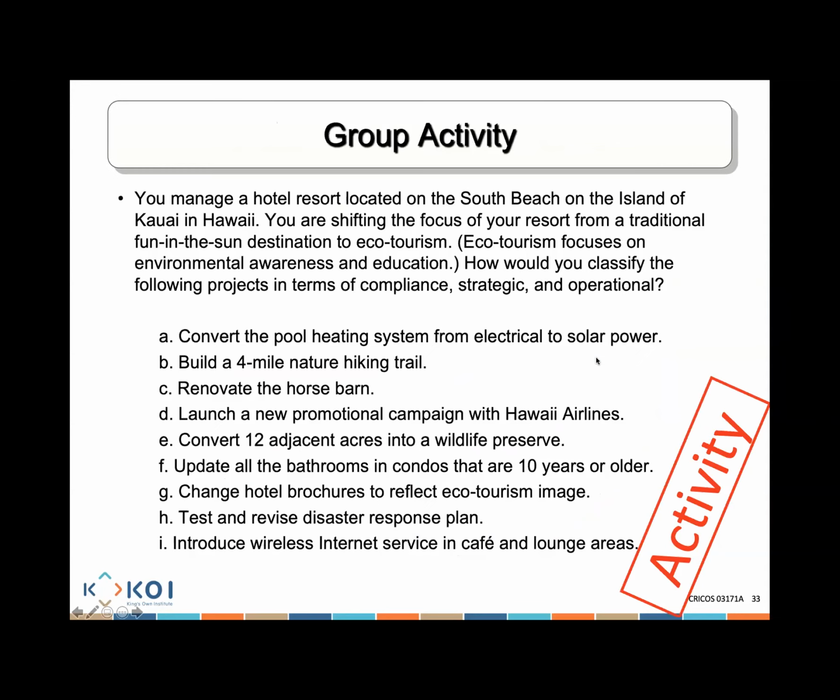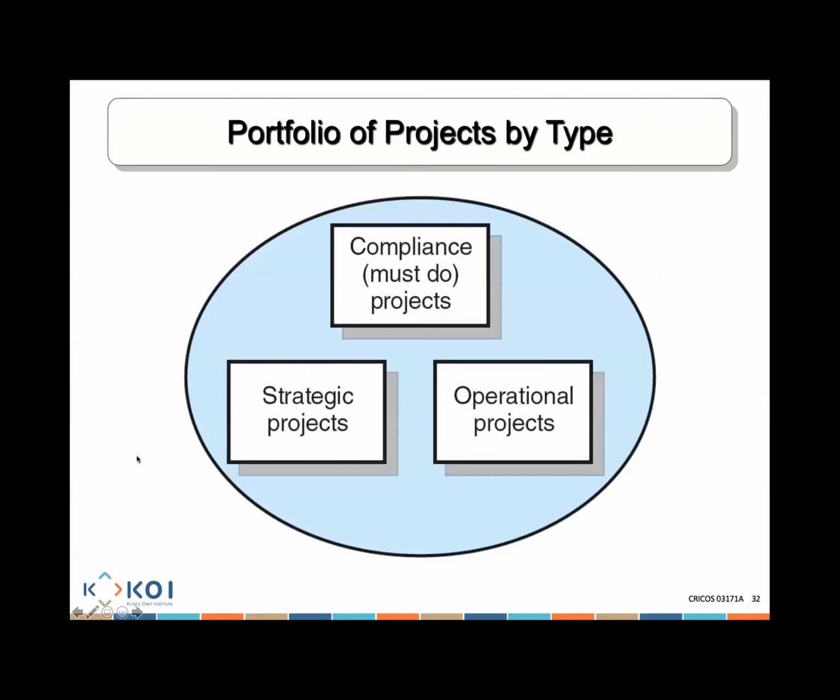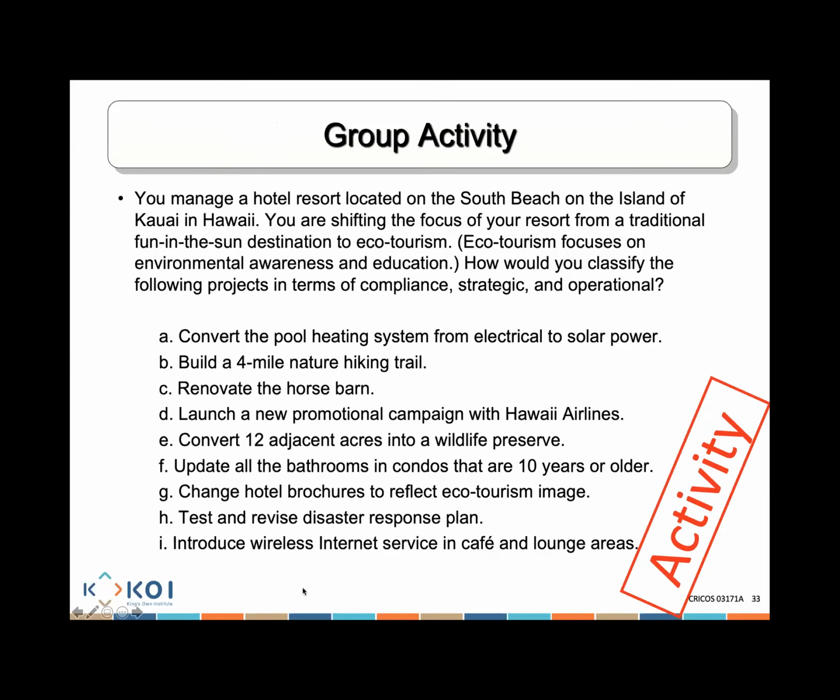I'm not going to go through that activity in very quick details, but let's have a read through that very quickly. And let's try to think about maybe the first three of these. What are they? Are they compliance? Are they strategic? Or are they operational? Let's just have a read through that.